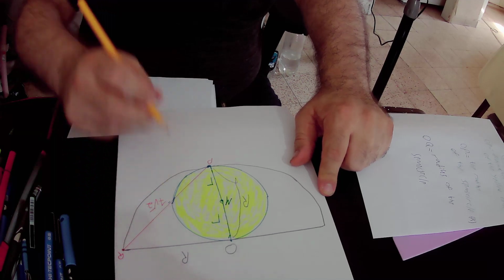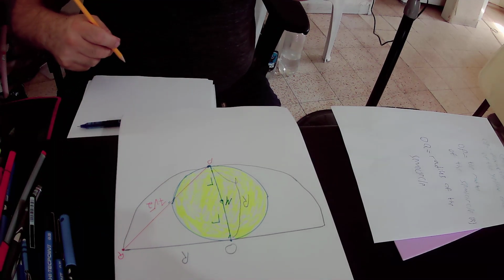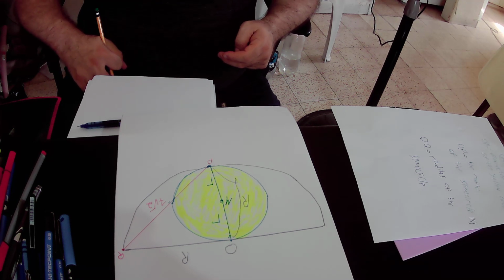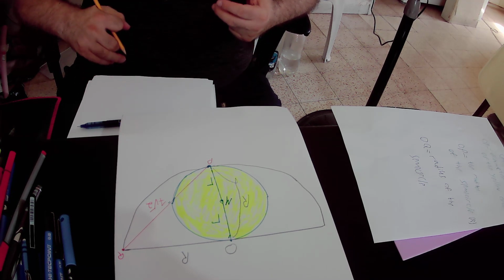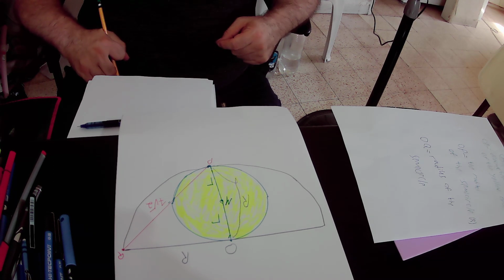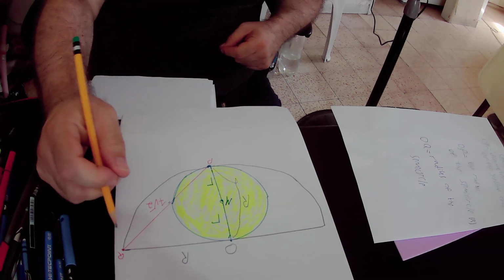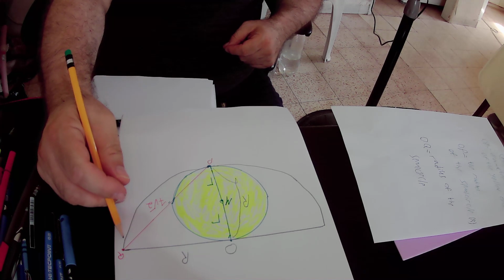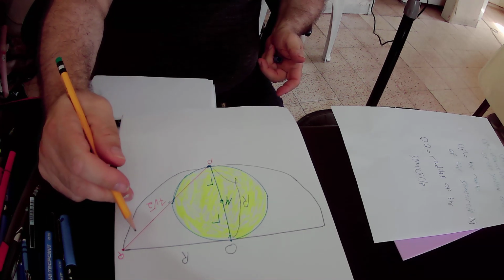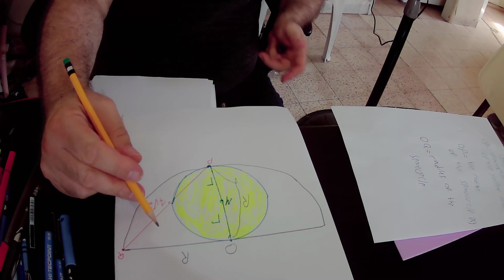For the same reason, because the segment line OQ starts from the center of the semicircle and ends at a point that is on the semicircle itself, it is defined as the radius of the semicircle.